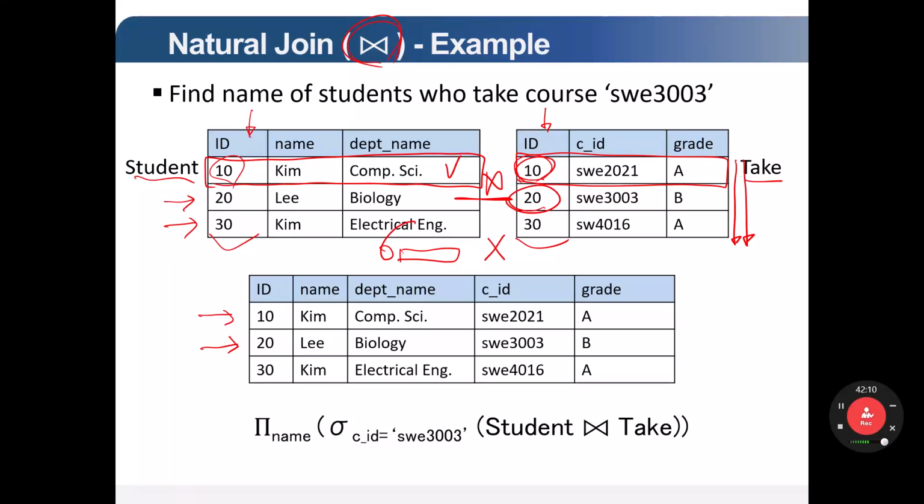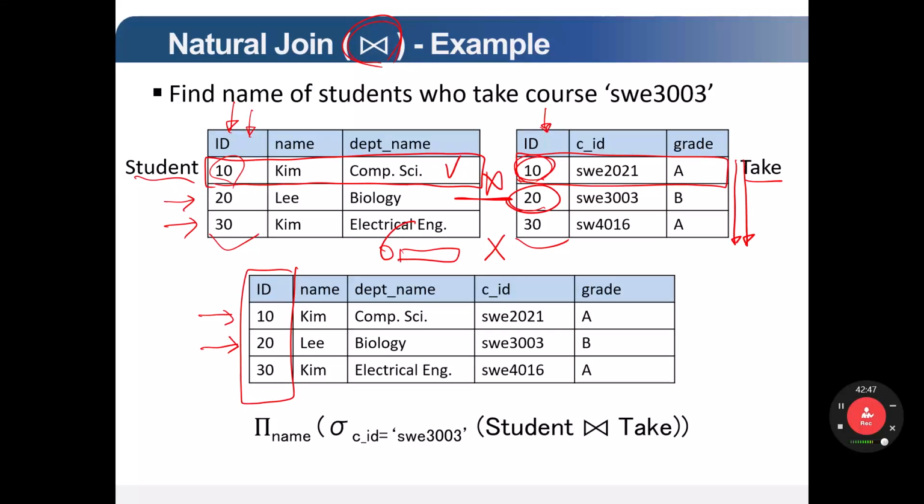And there's one more difference with the Cartesian product. When you use Cartesian product, when the left table has n attributes and the right table has m attributes, then the total number of attributes of the output table will be n plus m. But when you apply this natural join operator, we will keep only one single common attribute. So the left table has ID and the right table also has ID. And we are going to put those tuples that only have matching values of the ID.